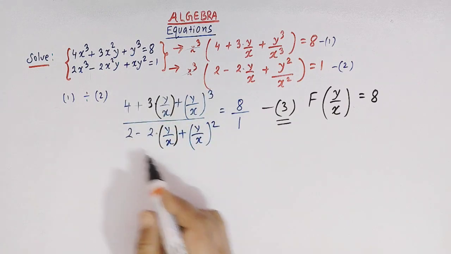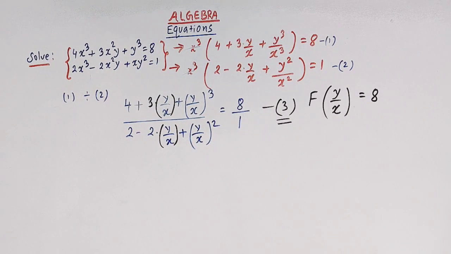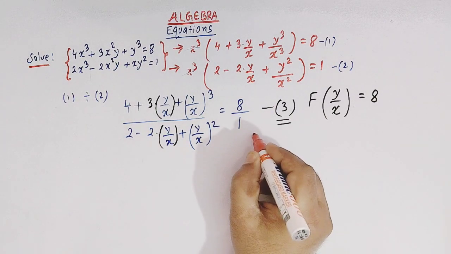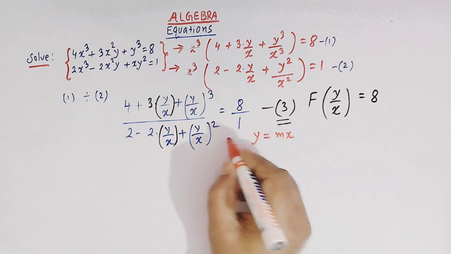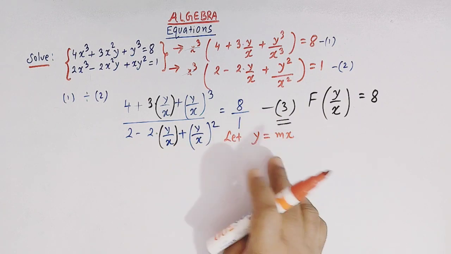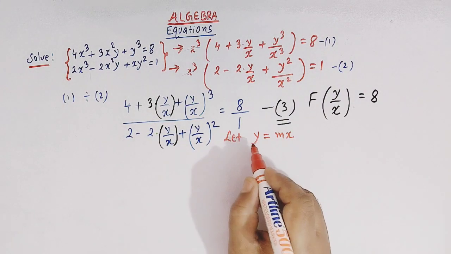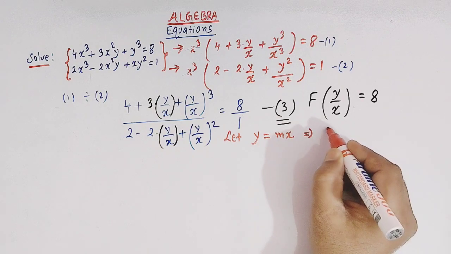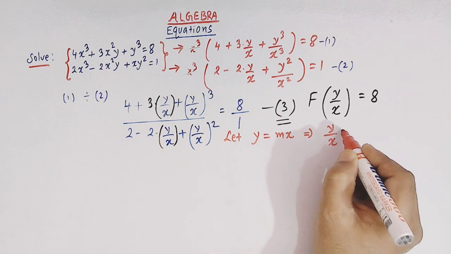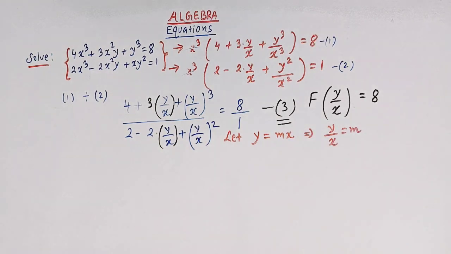So to solve these type of equations, we have a very interesting method, right? So here what we will do, we'll substitute y is equal to mx, right? So here I will make this substitution. So when we take y is equal to m of x, it implies that we can take y over x is equal to m, right?